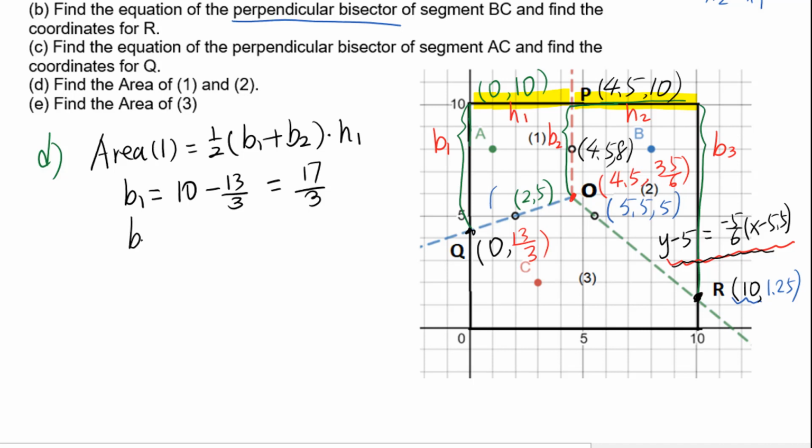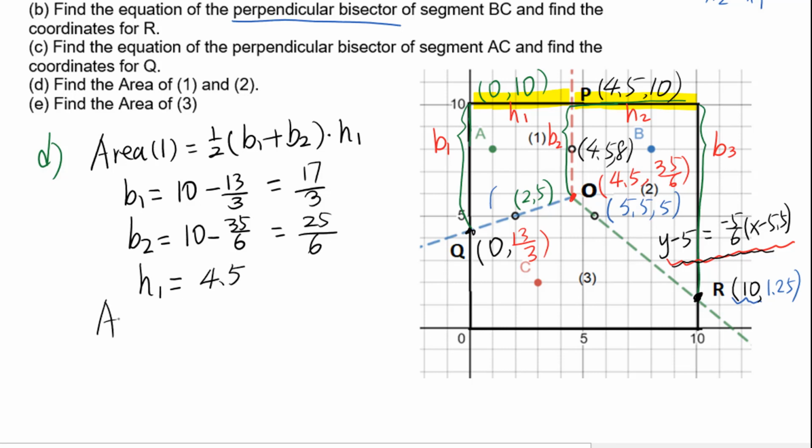For your B2 equals 10 minus 35/6. By graphing calculator, you do math, enter, enter. You will get 25/6. H1 equals, this is horizontal, so 4.5.